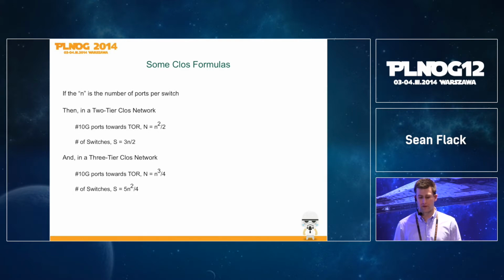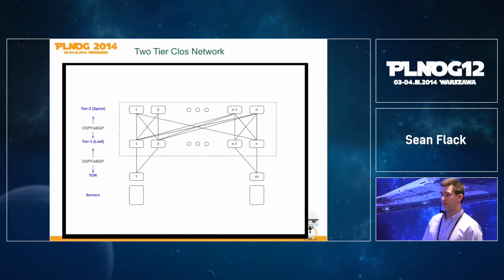So how do these networks look? We're going from the traditional routing architecture to a leaf and spine architecture. We tend to have this tier 1 spine layer connected down to the tier 2 leaf layer. This design is completely non-blocking, meaning that we have one-to-one oversubscription from here to here.